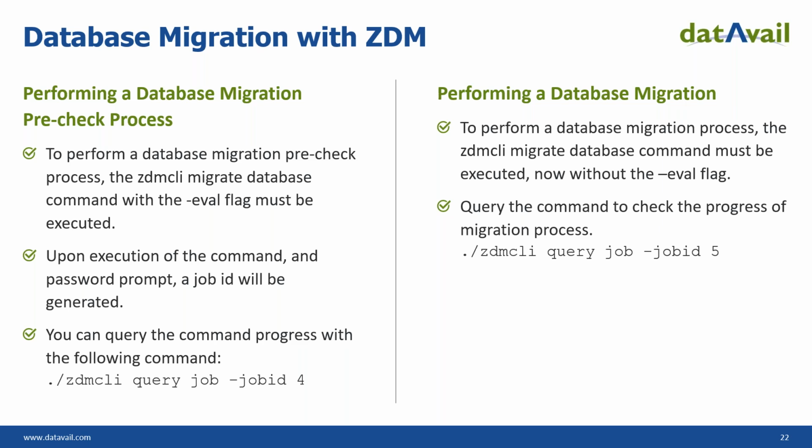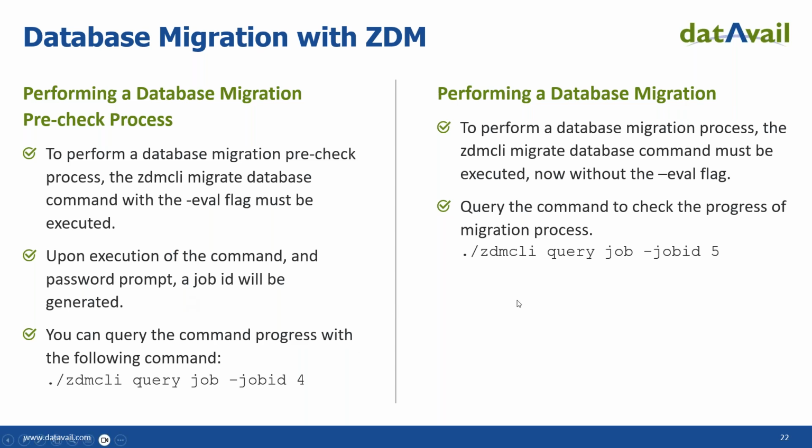Once we run the evaluation command, it will create one job, and using that job ID, we can see the status, like we see for data pump export import on the command prompt or from a SQL query.